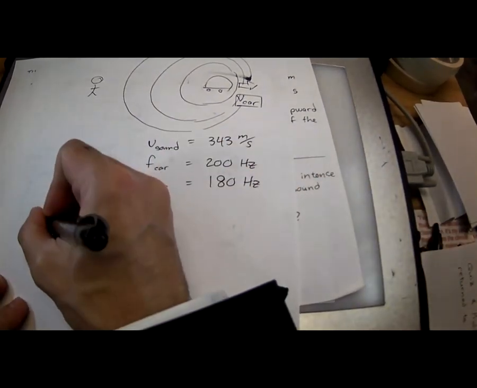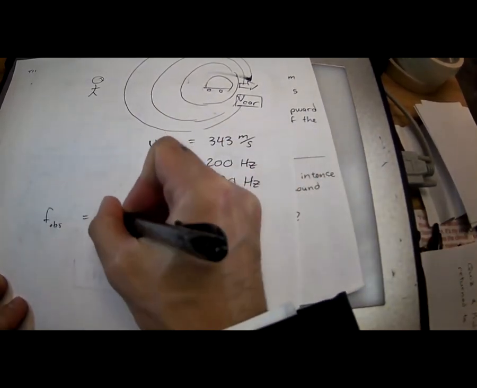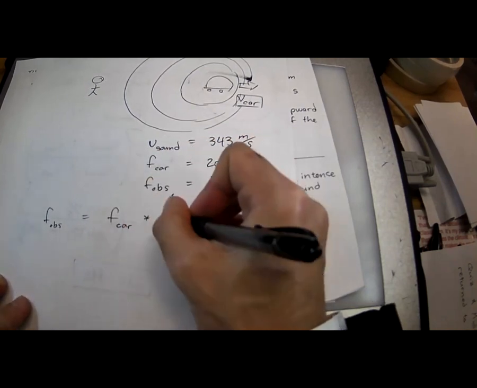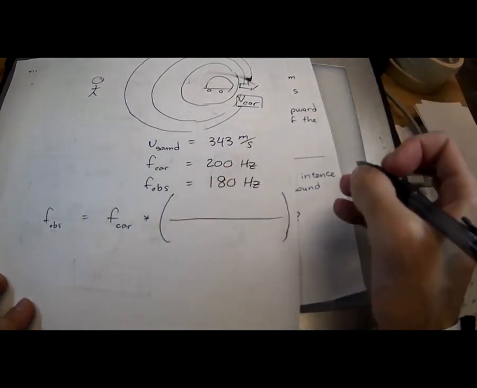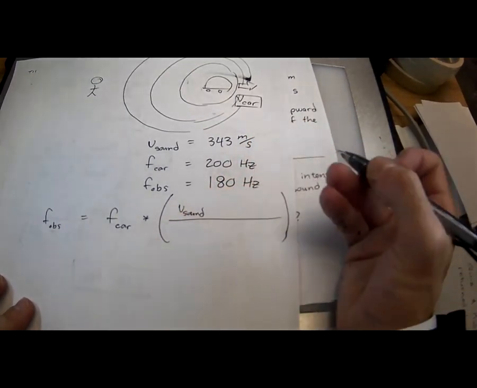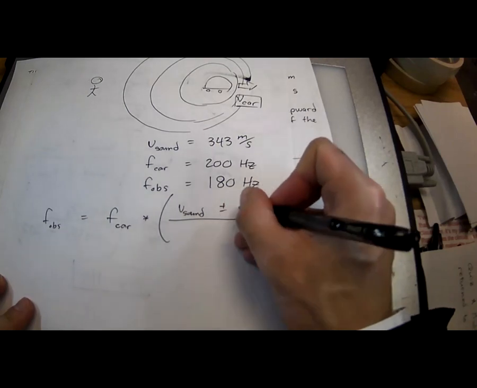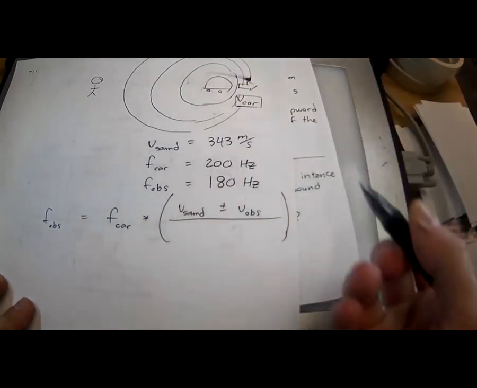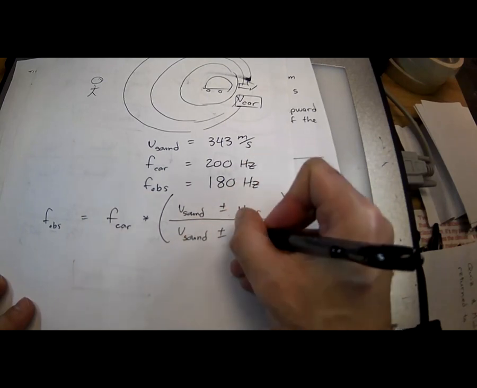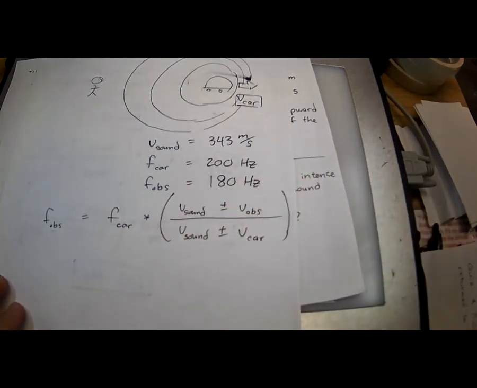So the observed frequency is equal to the source frequency times a big ol' ratio. The speed of sound, plus my speed as observer, but that's just going to be 0 because he's just standing there. Speed of sound plus or minus the speed of the car.